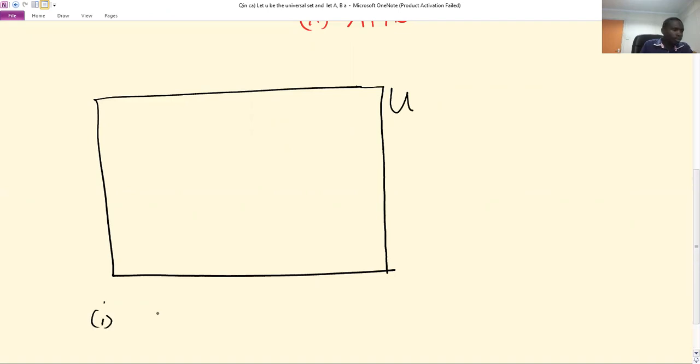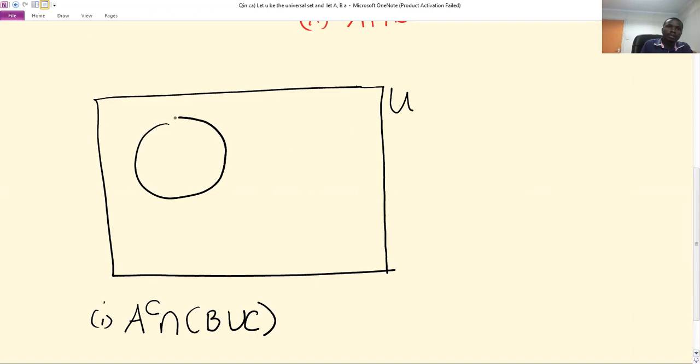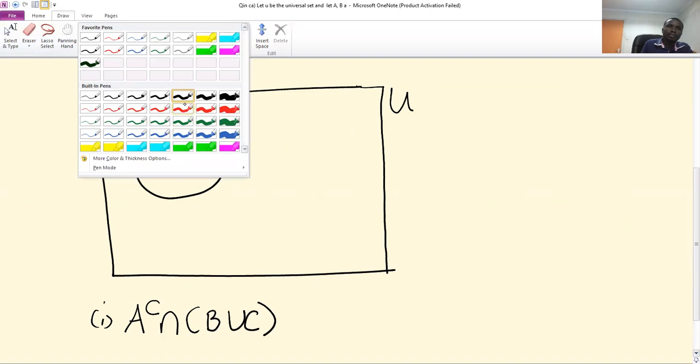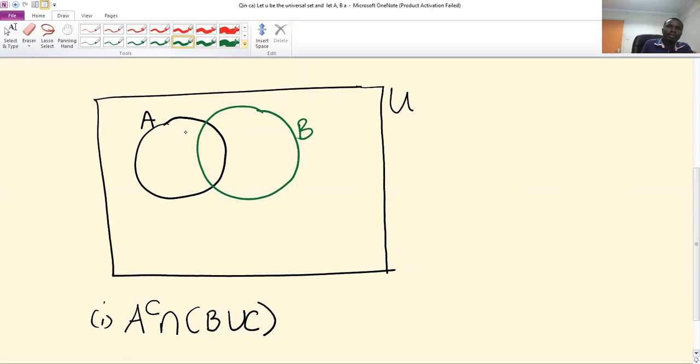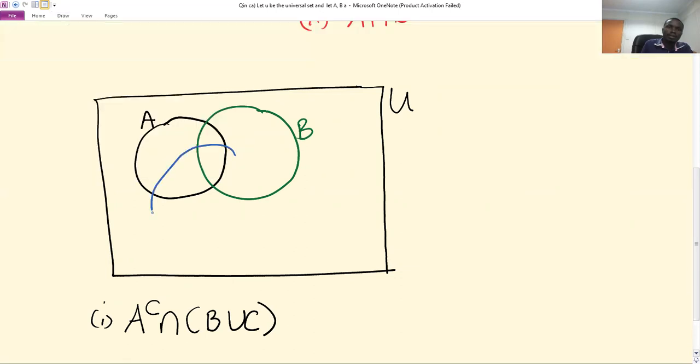So this is the first Roman, A complement intersect B union C. Let this be the circle that represents set A. Let this circle represent set B, and let this circle represent set C.